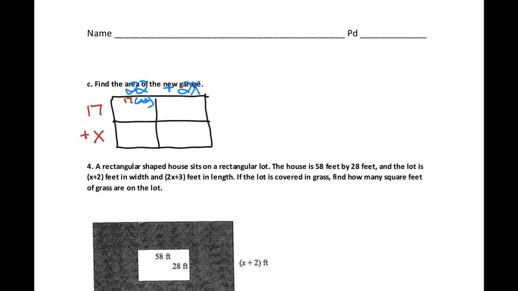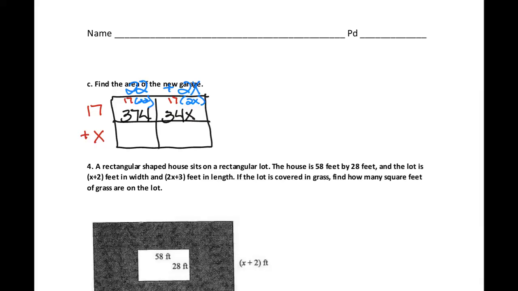A little louder. Really loud. Thank you. 374. Now I have 17 times 2x. 17 times 2 is 34x.